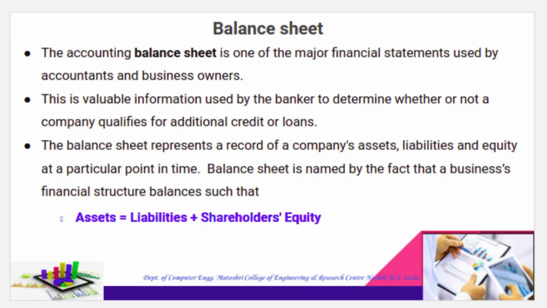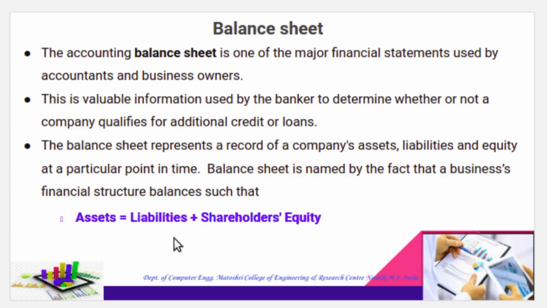Assets represent the resources that the business owns or controls at a given point. These include items such as cash, inventory, machinery and buildings. The other side of the equation represents the total value of the financing the company has used to acquire those assets, for example, the liabilities and shareholders' equity.